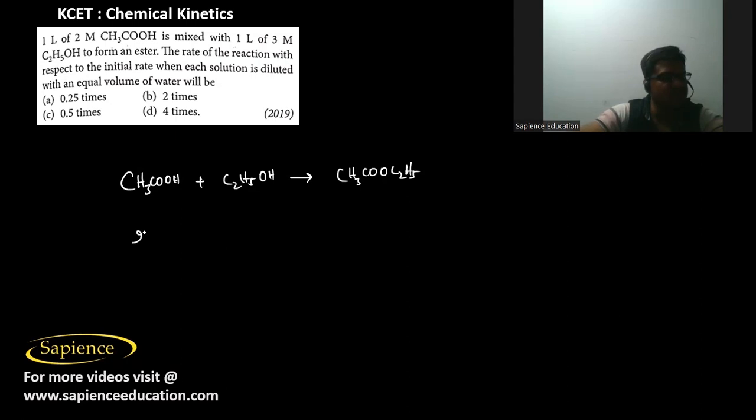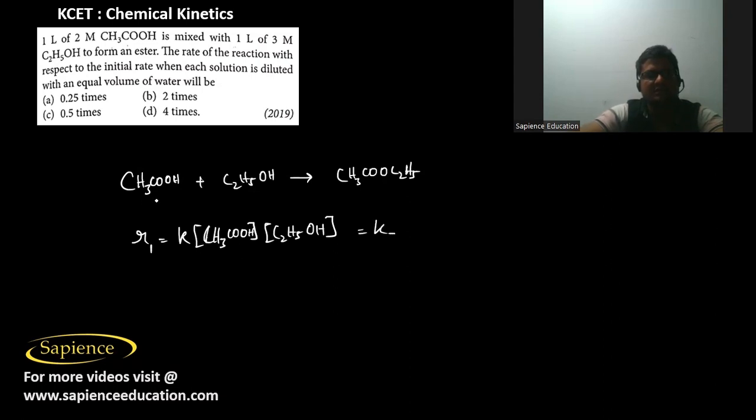Therefore the initial rate R1 will be equal to K into the concentration of CH3COOH times the concentration of C2H5OH. The initial concentration is 2 molar for CH3COOH and 3 molar for C2H5OH. So this will be K into 2 into 3, that is 6K. R1 equals 6K.